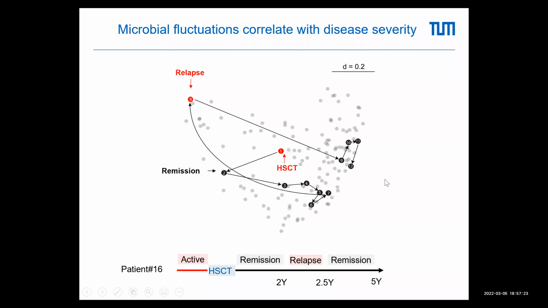If you look at the fluctuations or the dynamics in this patient scenario, you will see that this is a sample which was collected from the patient at baseline, so when the patient was in active disease state. And then we followed the patient over time after he received the treatment.